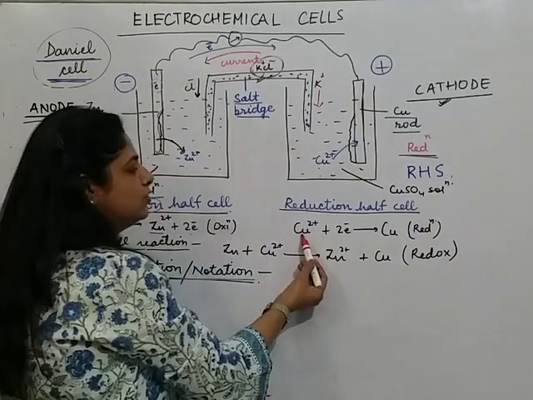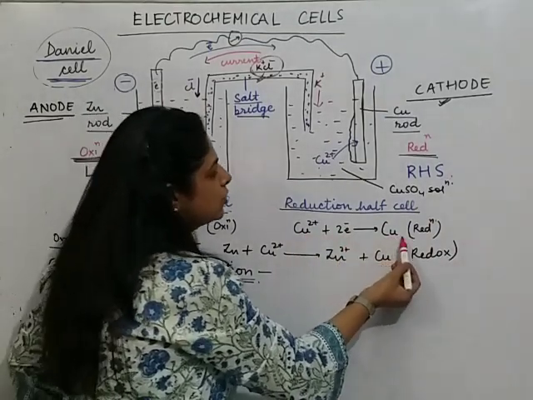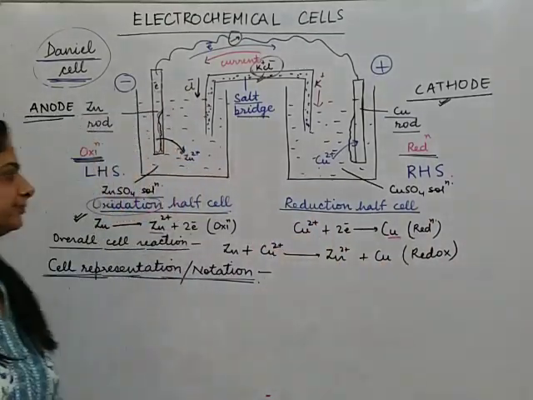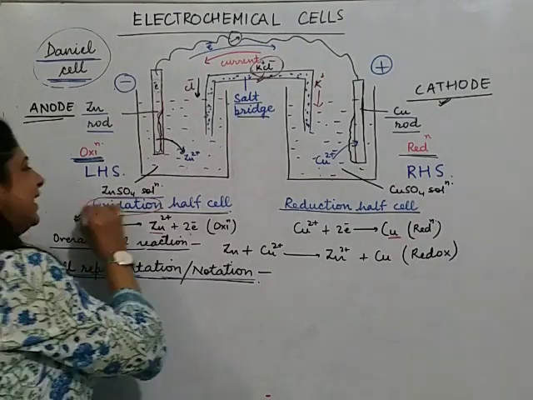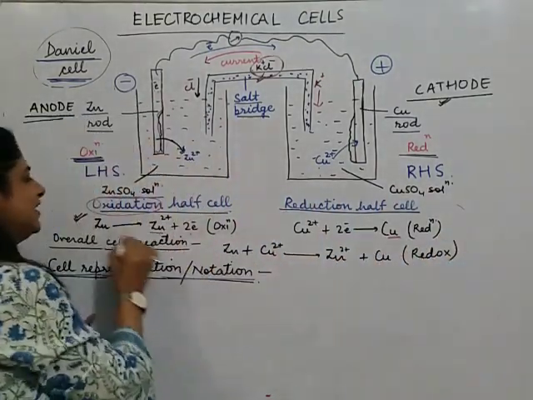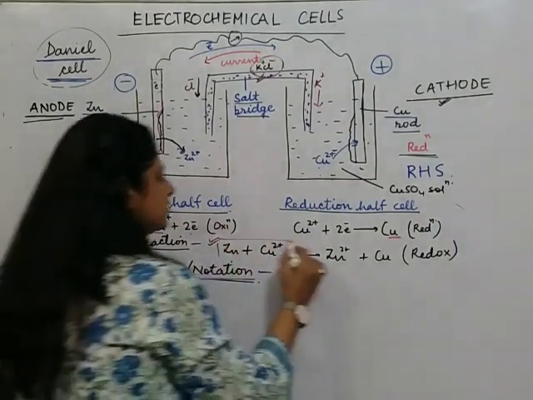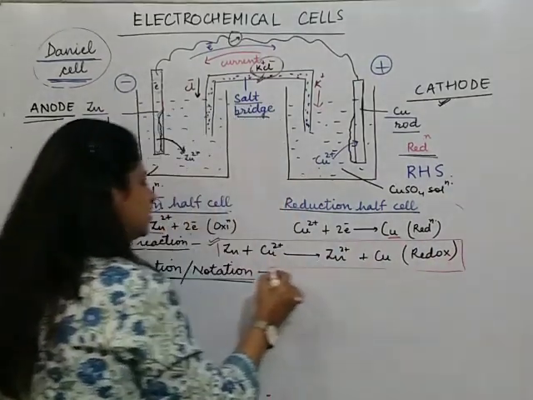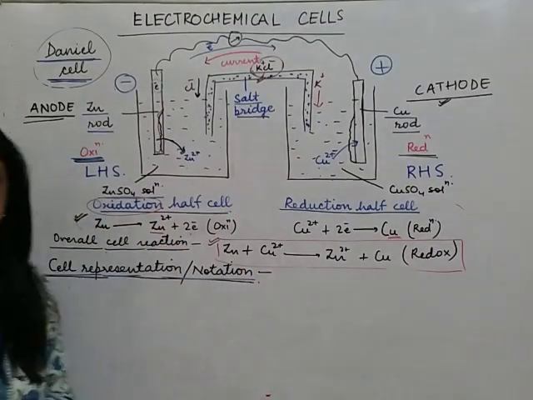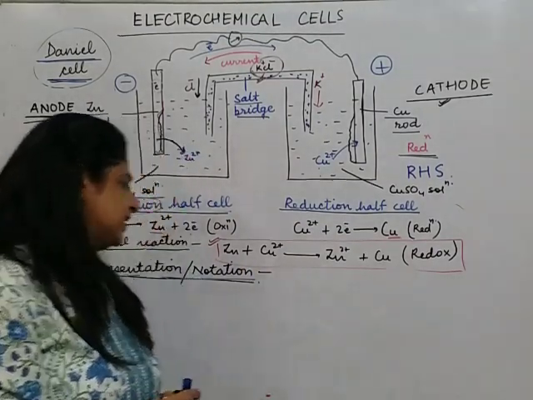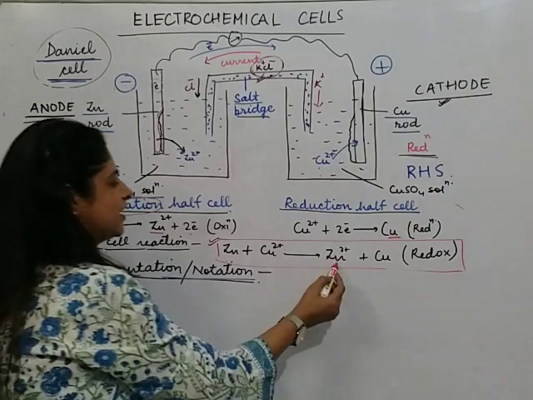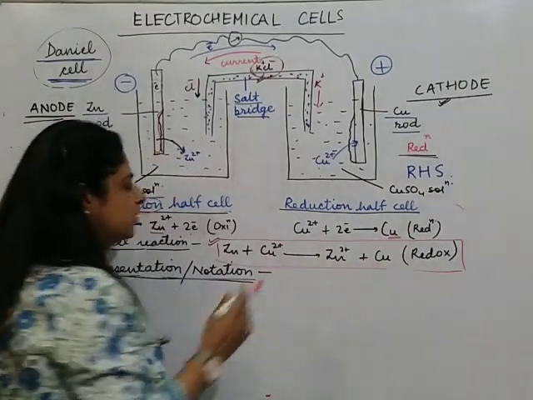Reduction of copper ion to copper metal. If we combine these two half cell reactions, what would be the overall cell reaction? This represents the overall redox reaction taking place in this particular cell. You can see zinc is getting oxidized and copper ions are getting reduced.